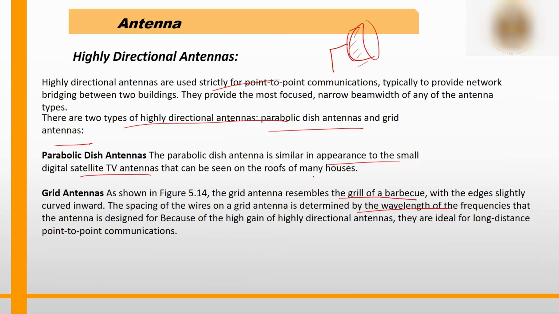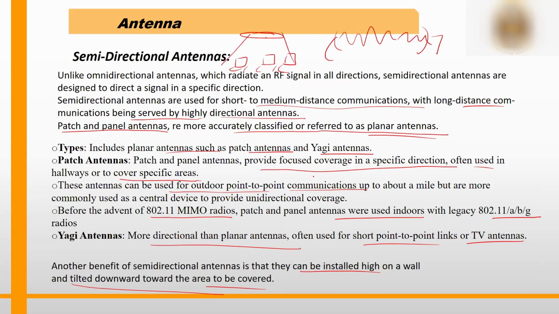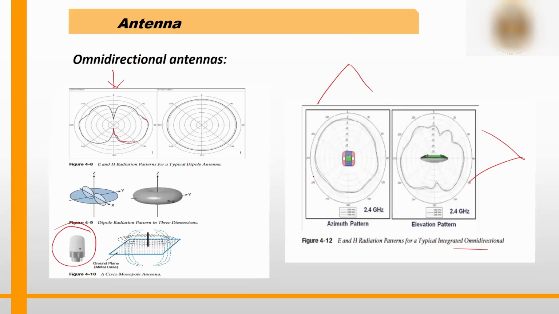If you want highly directional antennas, we have parabolic dish antennas and grid antennas. In our offices, we normally use the omnidirectional antennas that are installed inside the AP. If you want a better antenna, you can use an external antenna as well. In Cisco's AP, you will get two kinds of antenna, internal antenna and external antenna.